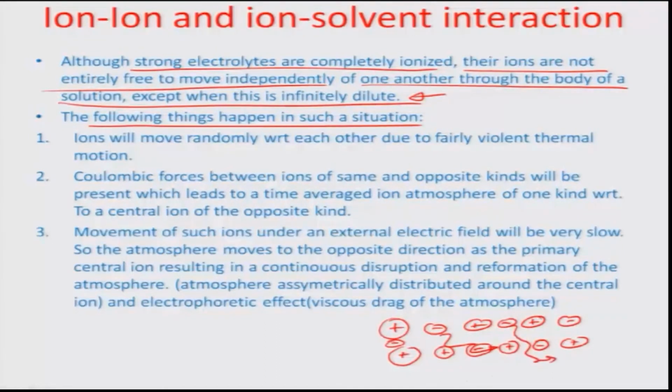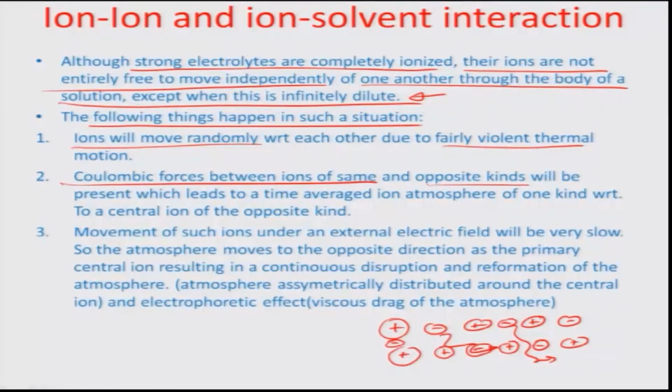and each ion would have its own track or trajectory, and that is one kind of motion that is prevalent in such systems, and it's of course a function of the temperature state that the system is in. There are Coulombic forces between the ions of same and opposite kinds.